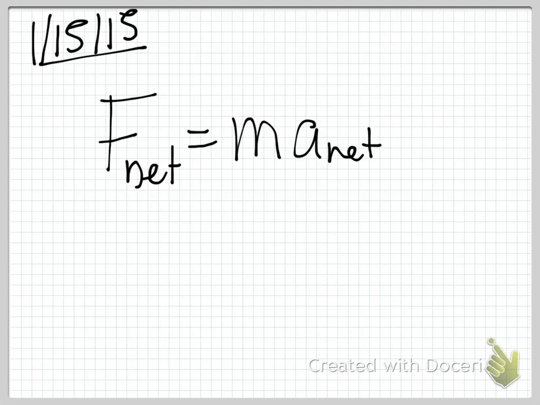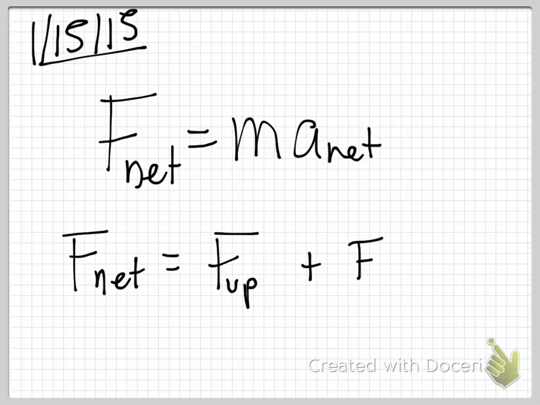Now, you've done net force in the 4A stuff. That was all about finding net force, finding net force, finding net force. So you know that you can have a bunch of different forces going into net force. And that the net force, if we think back to the kind of stuff we did in the last section, is equal to, very often, if we're dealing with just the y-axis, the force up plus the force down.